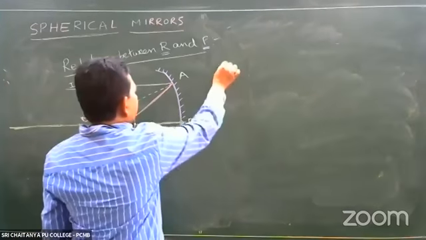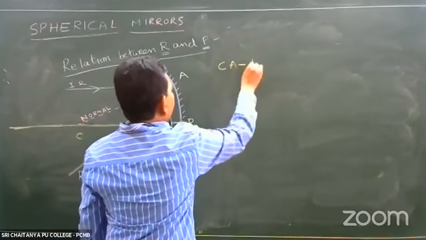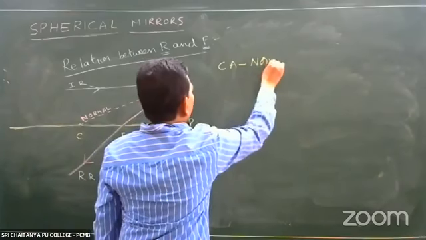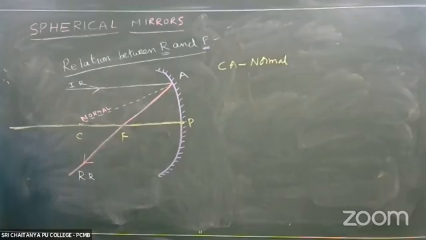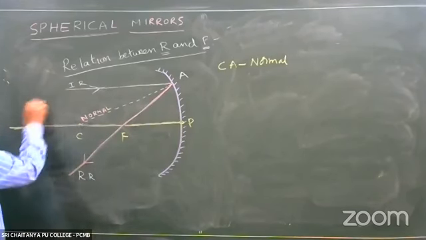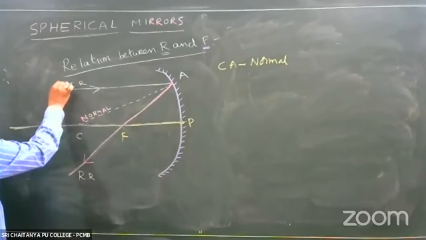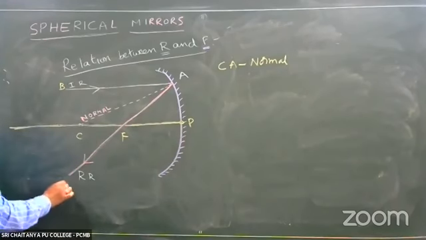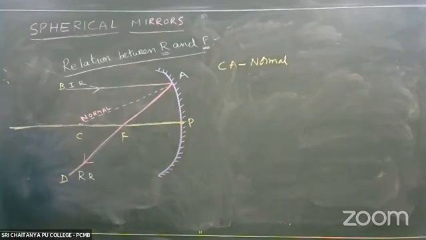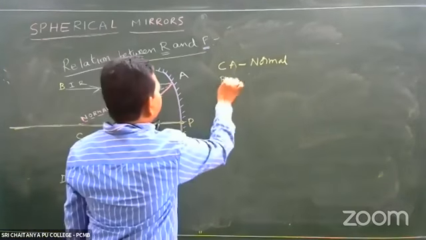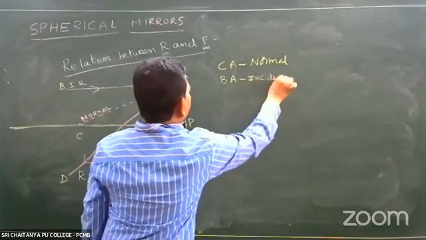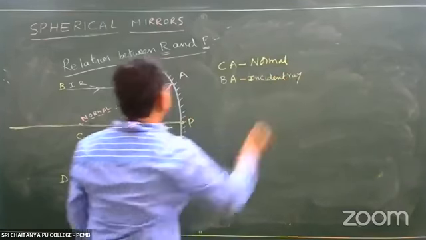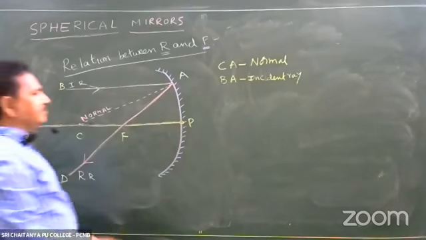So what does CA represent? CA represents the normal to the spherical surface. Let us imagine this point is B, this is D, any symbol. BA represents what? Incident ray. What does AD represent?